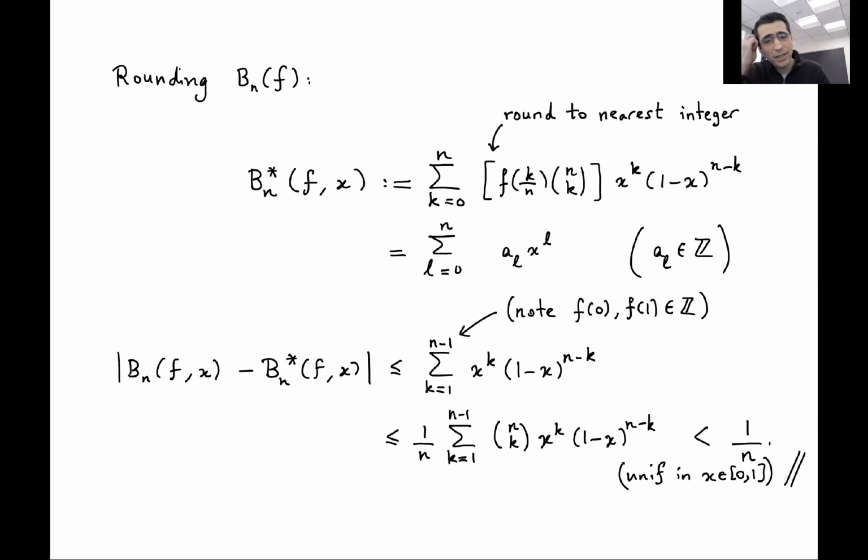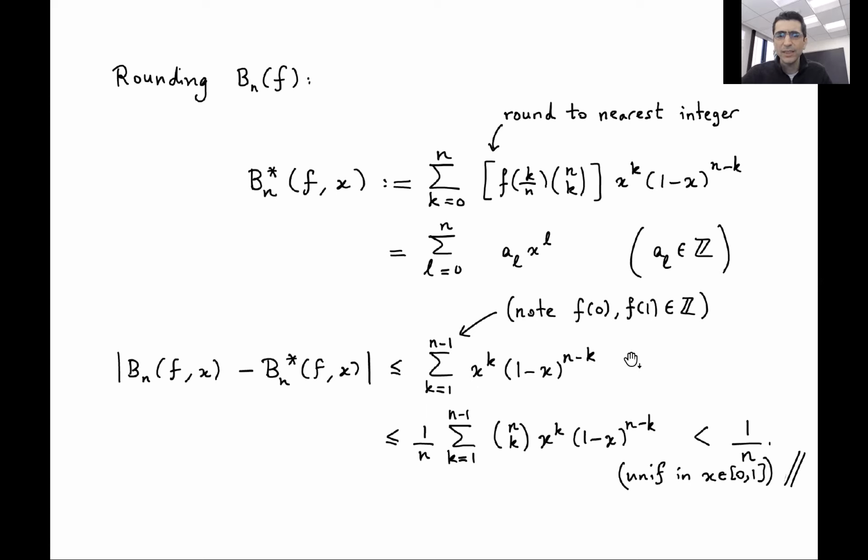And now at this point, what is the error bound? Well, it just suffices to check the rounding error, the quantization error, because we already know how well the Bernstein polynomial approximates f. And we are making an error of at most 1 per coefficient.